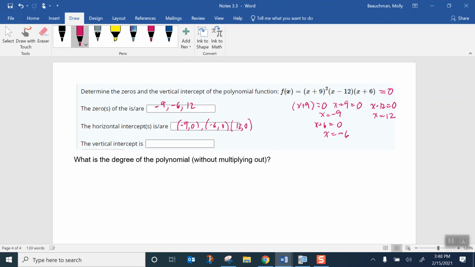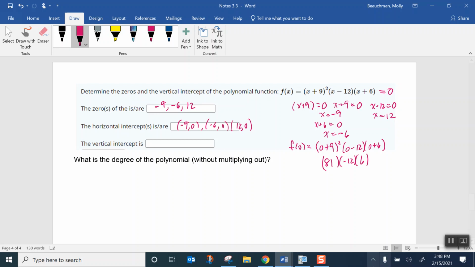The vertical intercept is what we get when we find f of 0. So if we substitute a 0 in here, I'm going to end up with 0 plus 9 squared times 0 minus 12 times 0 plus 6. So I'll end up with 81 times negative 12 times 6.